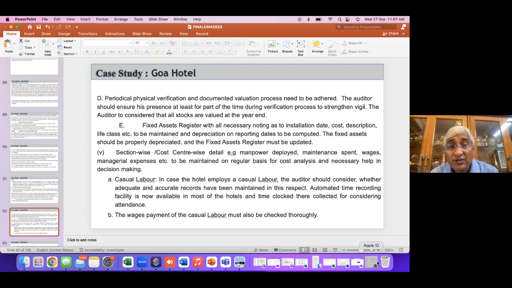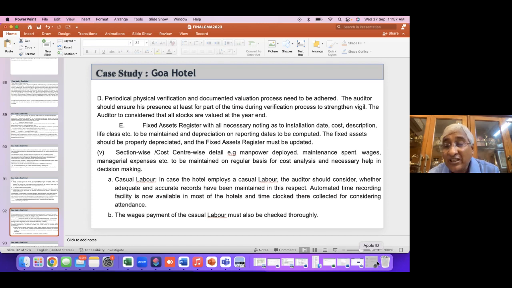Then section-wise, cost center-wise details of manpower deployed, manpower actually required, maintenance spent, wages, etc. are to be recorded, and analysis should be carried out, so that any movement higher or lower than anticipated raises a flag about how it is happening, with appropriate analytical skill, so that if something wrong is going on, it can be rectified at the earliest.